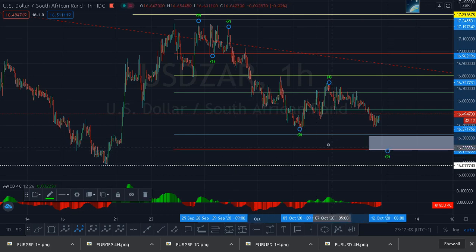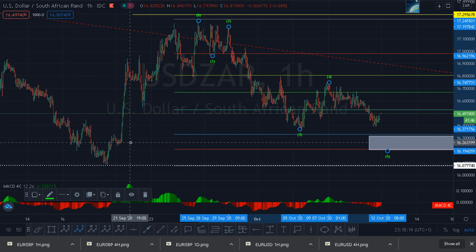So keep your eyes on this low. If we don't have a bounce here, we must have a bounce here. What I'm saying in essence is, if you want to sell USD, don't risk so much until this low is broken. If this low is broken, then we will have more confidence to sell. If not, don't risk much.